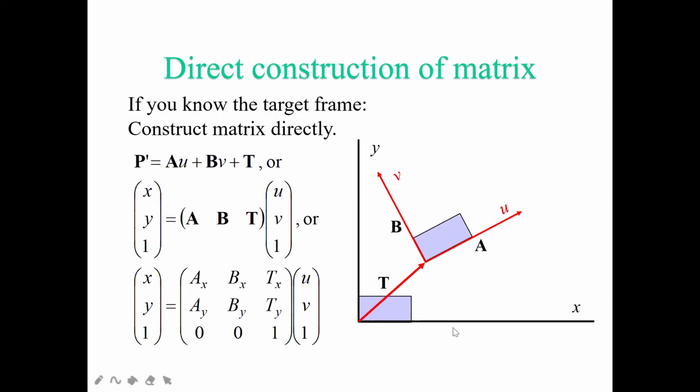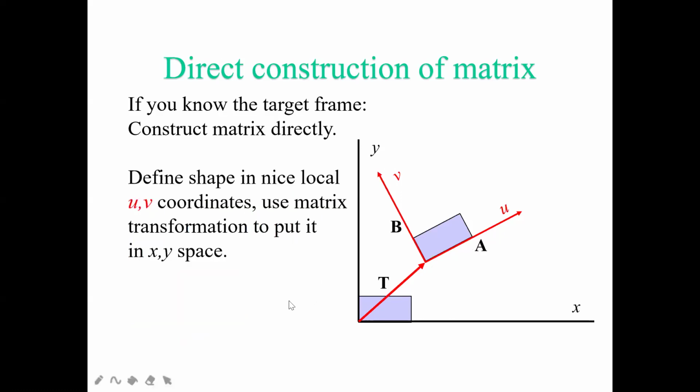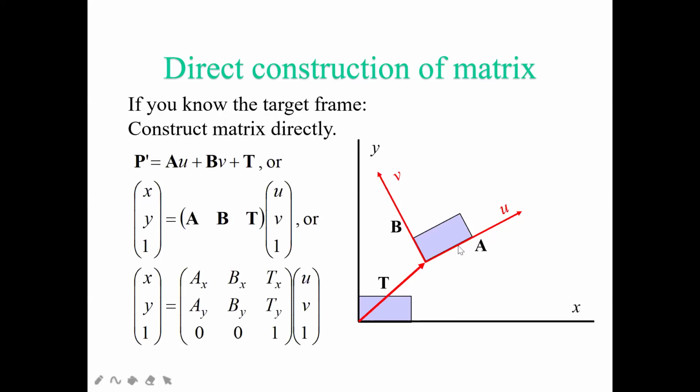How am I going to write it? Now you have to find out on what coordinates it is present. Here the local coordinates are given, that is your u and v. Here they have given the distance also. If you have to find out the new coordinate points, first you have to write p dash equals a into u plus b into v plus translation t.